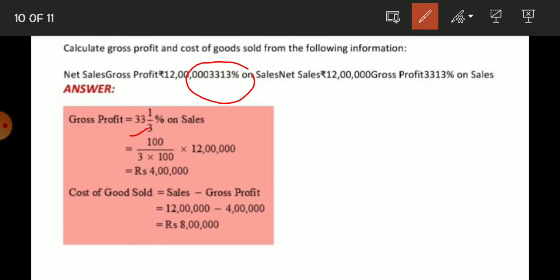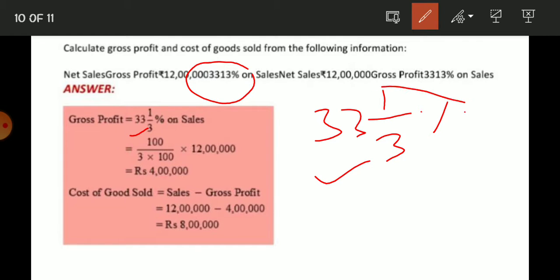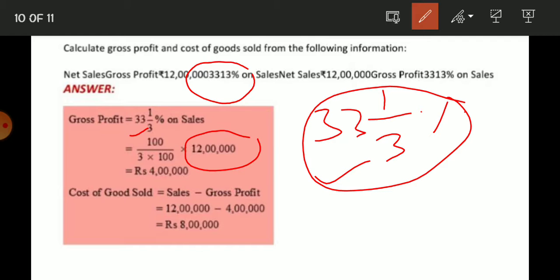The percentage is 33 upon 13, and the sales is given as 12 lakh. Here gross profit is 33 upon 13, and you have to find the answer. So this is the solution. You can check this question in your book and solve accordingly.